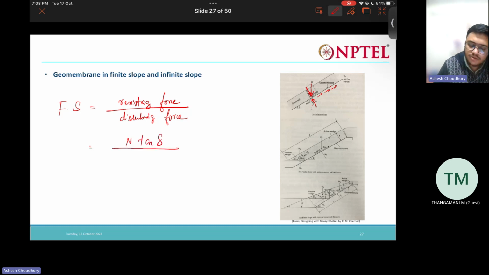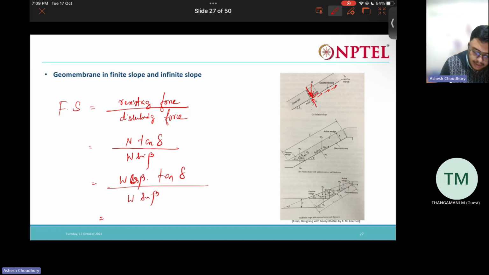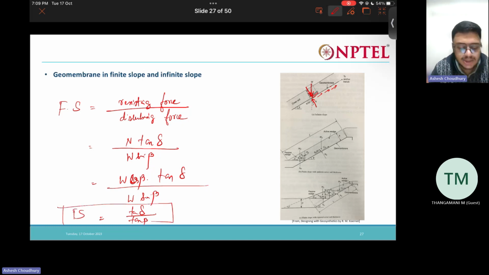And what is the disturbing force? The sine component of the weight, W sin beta. Now what is N? N is W cos beta. So the factor of safety is W cos beta tan delta by W sin beta. W cancels, so tan delta by tan beta. This is the factor of safety in the case of a finite slope.